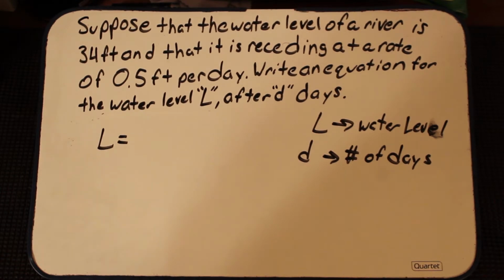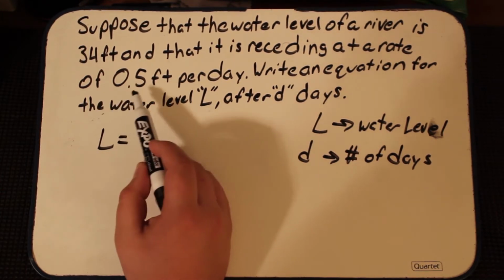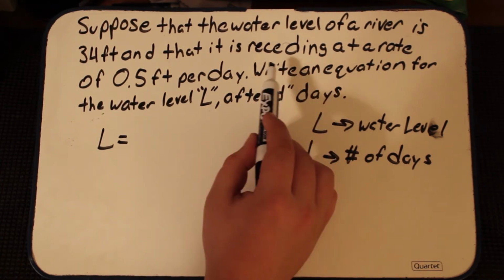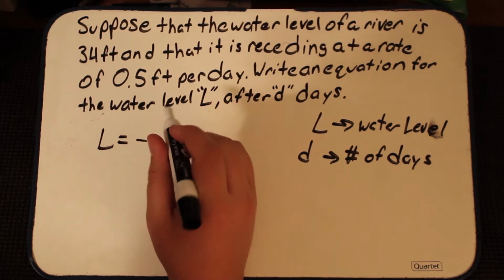Next thing you want to ask yourself is, what is our rate of change? Well, the rate of change would be this receding 0.5 feet per day. If it's receding, that means it's minus. So our rate of change is going to be a negative number.